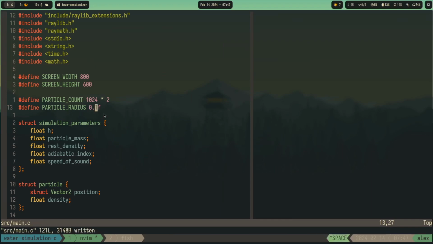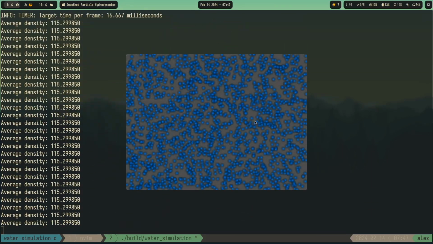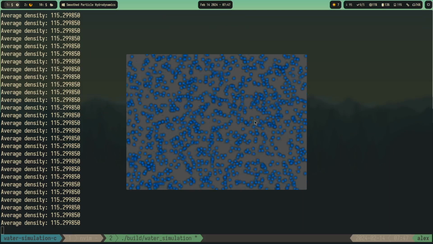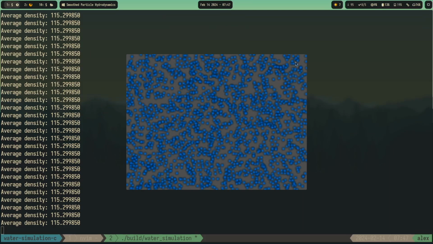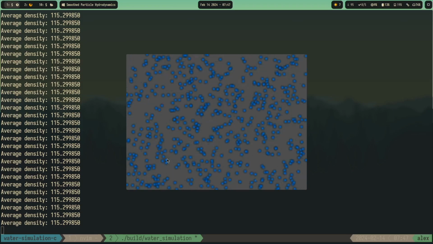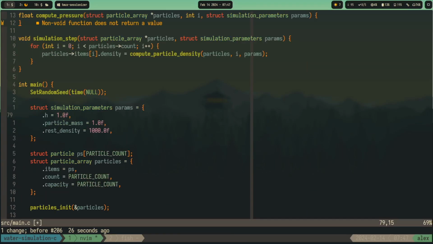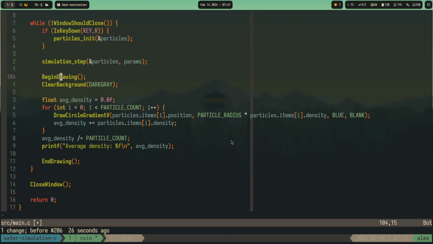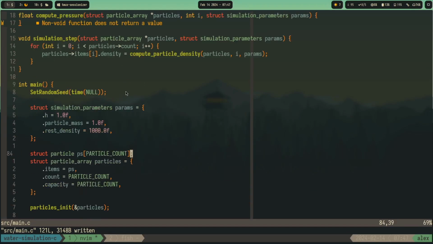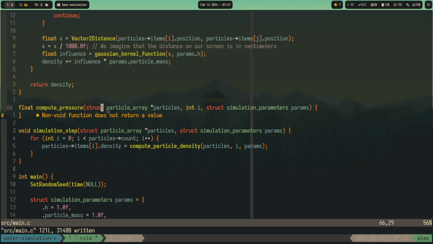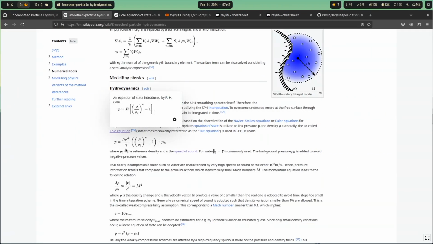Let's see more stuff. Yeah, but now it looks like density is the same everywhere. Doesn't matter that much, to be honest. So let's leave it like this for now, and let's do the pressure.